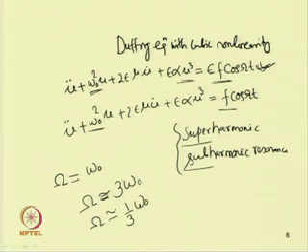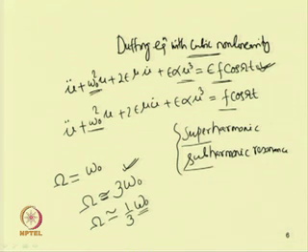In this case, as the natural frequency is 1/3 of the frequency, this is the subharmonic resonance case, and in the other case the natural frequency is nearly 3 times the external frequency, so this is the superharmonic resonance case. So, we have studied the resonance conditions in case of cubic nonlinearity for these conditions.